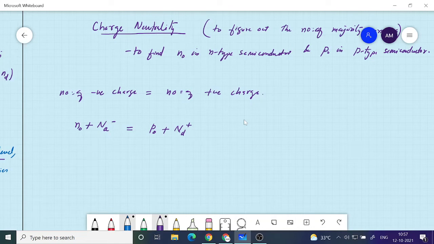So now, to a very good approximation, from our previous discussion, you can say that the number of acceptor atoms is basically equal to, if you write it accurately, N0 plus, out of Na atoms, some of them have vacancy, which we calculated as Pa, but this number is very negligible.